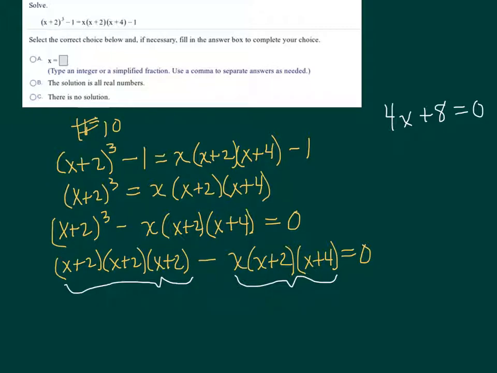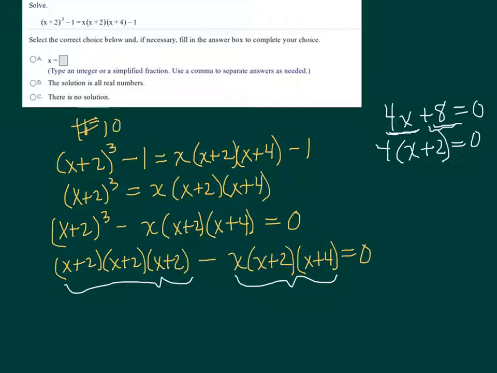The idea is that we want to find our GCF. The greatest common factor that the 4x has in common with the 8 is a 4. So if we pull the 4 out, we're left with x + 2. Does everybody see that?